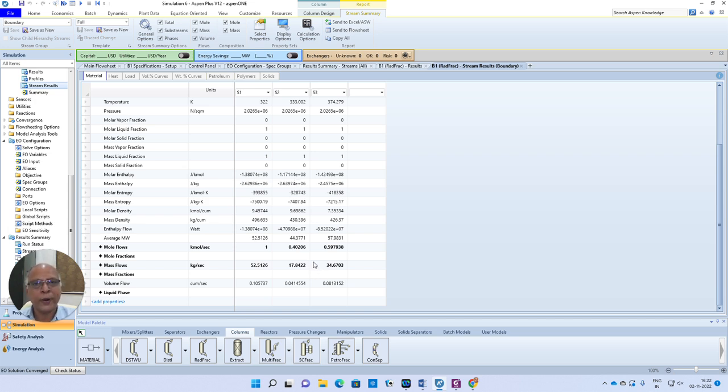So in this way, depending on your requirement, you should be in a position to switch over to the equation-oriented approach in case you are dealing with more than one design specification, that too within a recycle loop. So depending on the complexity of the problem, you can exploit the facilities of the equation-oriented approach in Aspen Plus. So with this, I would like to close this session.